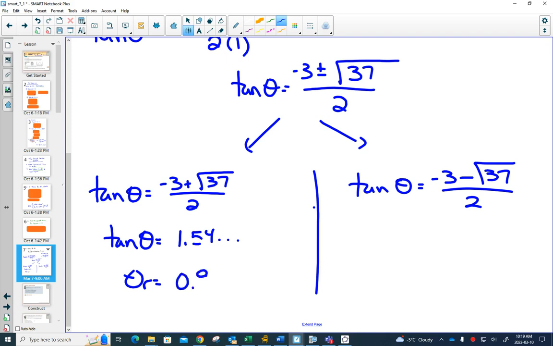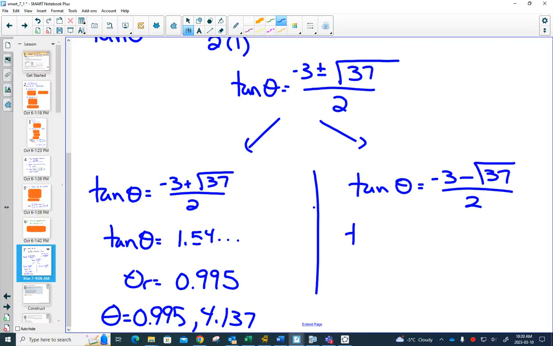I get a reference angle of 0.995. Then according to my CAST rule, tangent is positive in quadrant 1 and in quadrant 3. So I get 0.995 and 4.137. The old provincial exam liked it if we always wrote our answers to 3 decimal places.